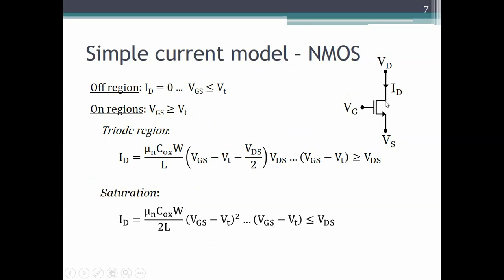There are 2-3 different symbols if you look at textbooks on MOSFET circuits. This is the one we'll use. This is what Razavi also uses. The arrow pointing outward is an NMOS, and that arrowed terminal is the source, the other terminal is the drain.